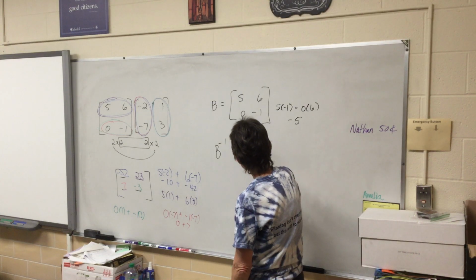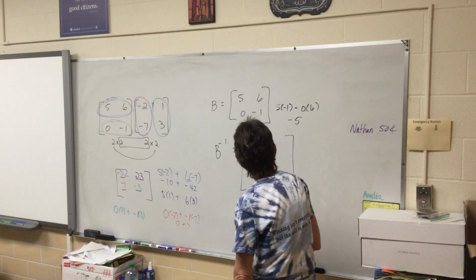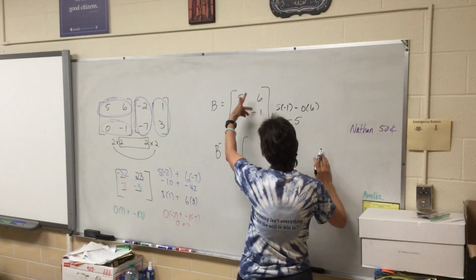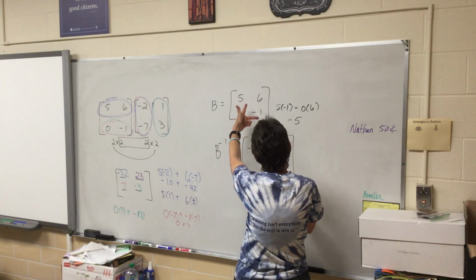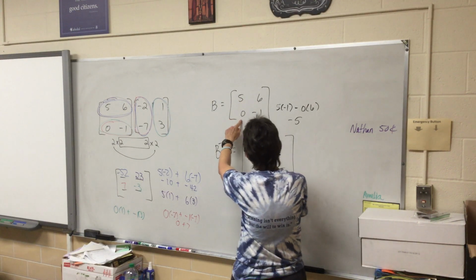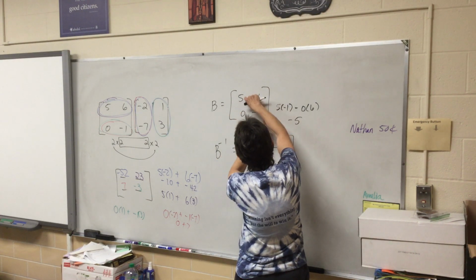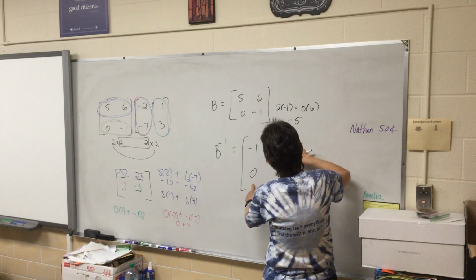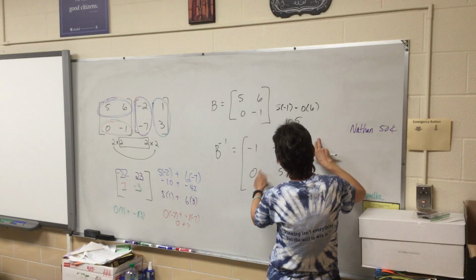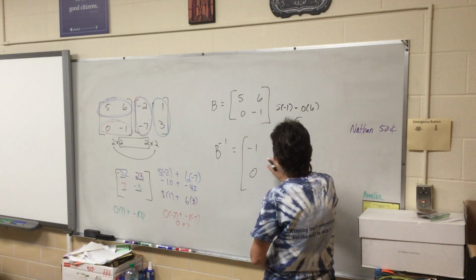Then I make a new matrix by switching these two numbers and changing the signs of these. So these two flip-flop, these two I change their signs, 0, 0, so it doesn't change, but that becomes a -6.